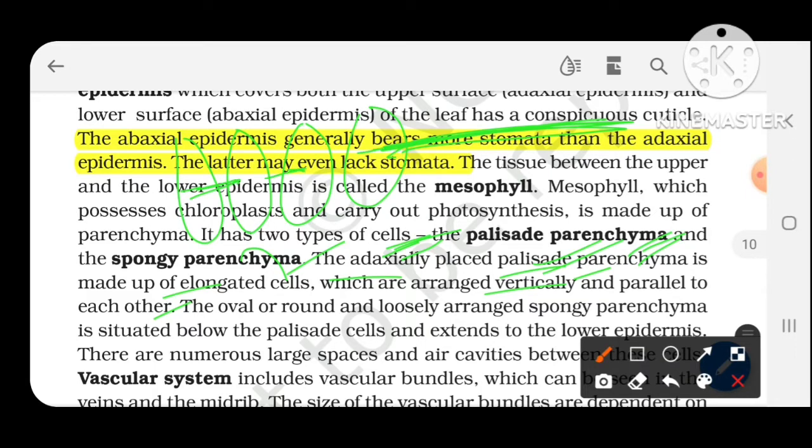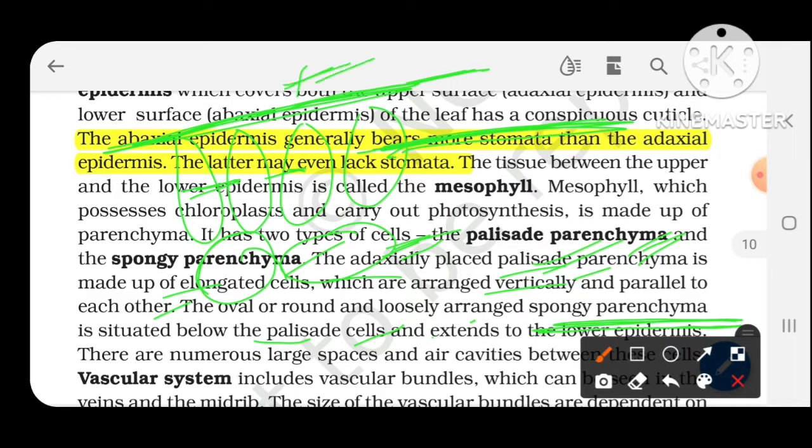Now in the spongy parenchyma, the cells are oval shaped or round shaped. That is situated below the palisade cells.